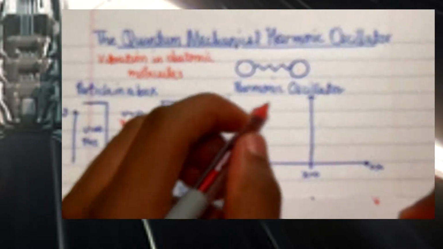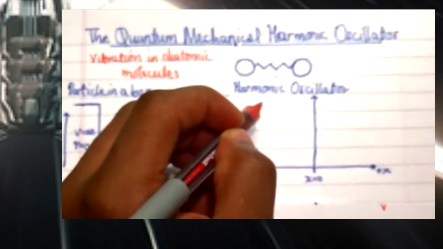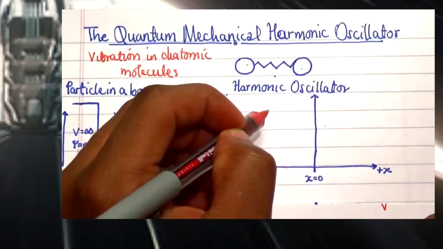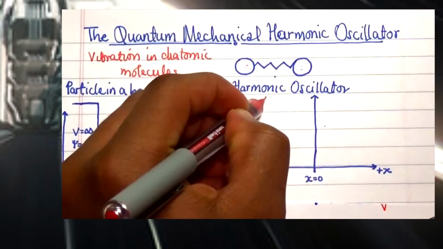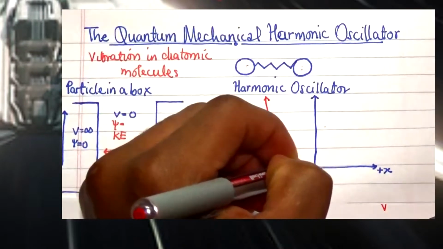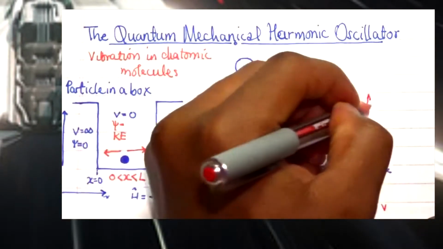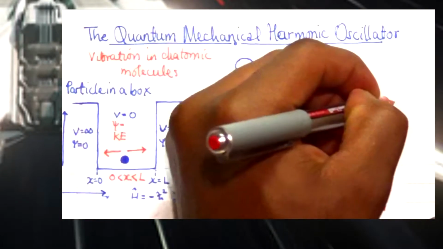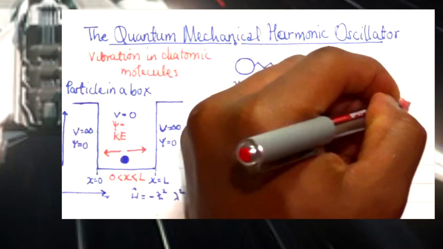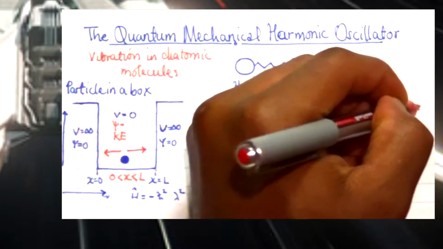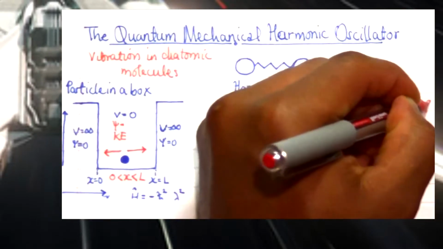Now the other case is different, where we are looking at a harmonic oscillator, where we have a curve which is a quadratic function, and this quadratic function expresses itself as half kx squared.